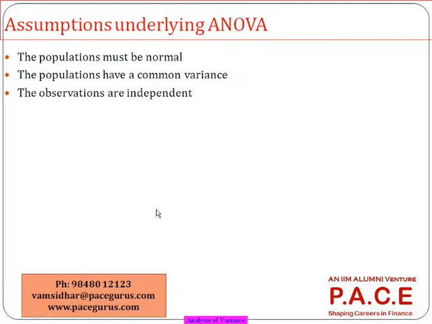If the variance across the three sets of data is more or less the same, the populations follow a normal distribution, and the observations are independent, then here at least we can make out that the runs scored in one match are completely independent of the runs scored in another match.